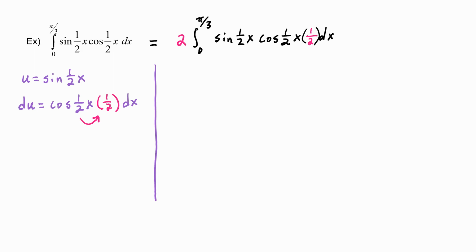Now we are ready to do our substitutions. So this will equal, let's highlight everything as we go, the 2 out front, which comes down as a 2 out front here because it's just a constant. We have our integral, and now we have to find our new limits of integration. So let's go off on the side here and change the limits.